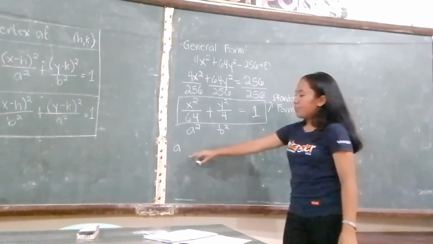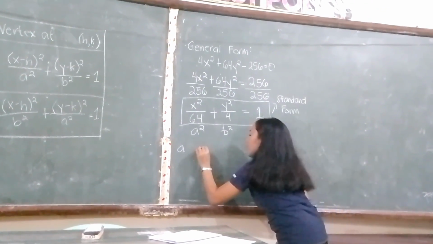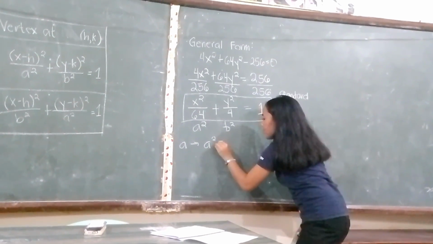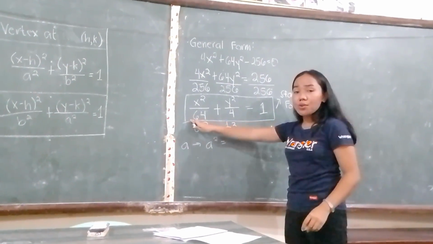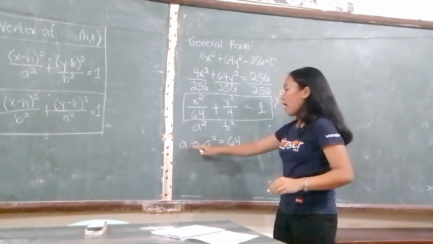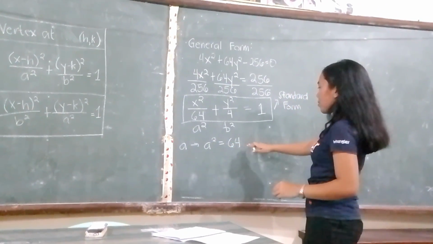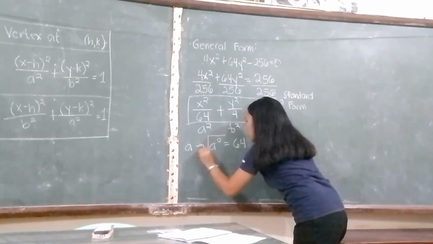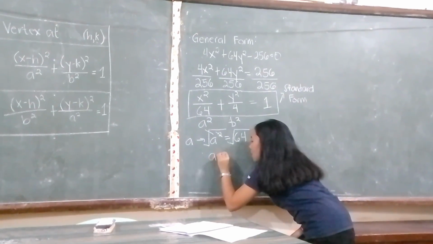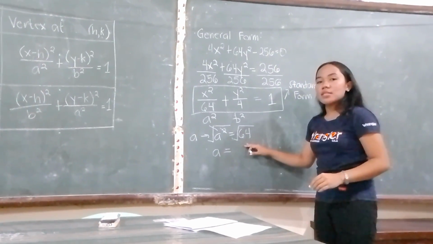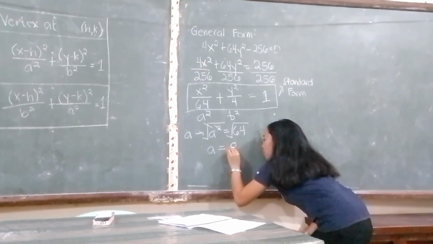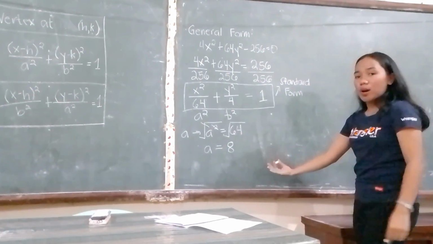And to get our a, we have a squared equal to 64. So to get a, we have to square root this. The square root of a squared cancels, so a is equal to the square root of 64, which is 8.